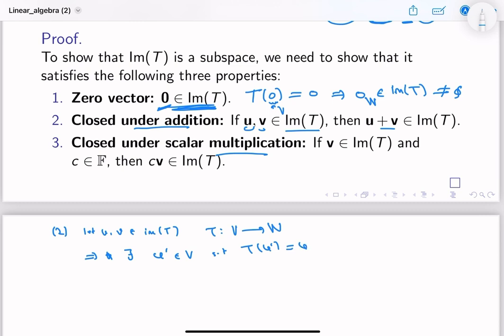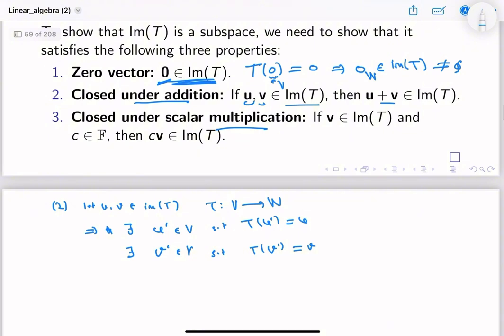This is the definition of being in the image: there's a vector that gets mapped to it. And since v is in the image, there exists a v prime in V such that T of v prime is equal to v.